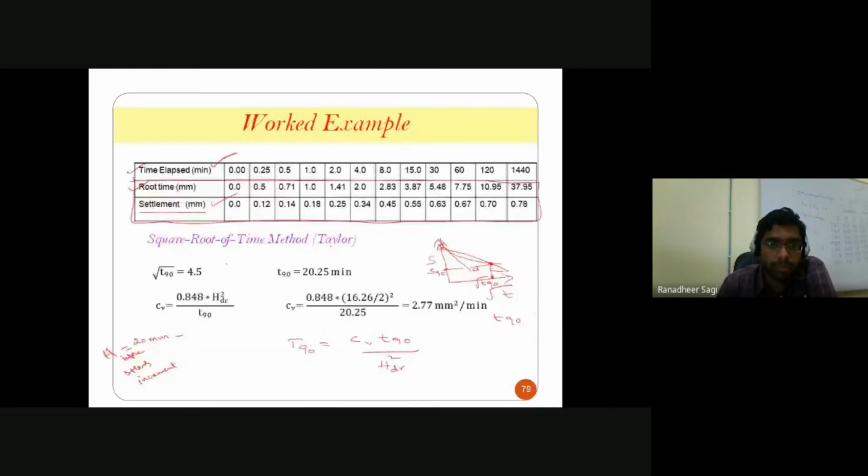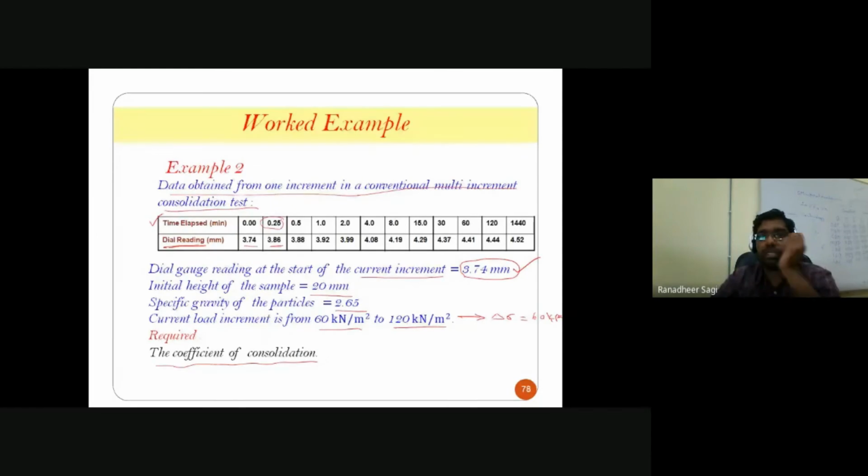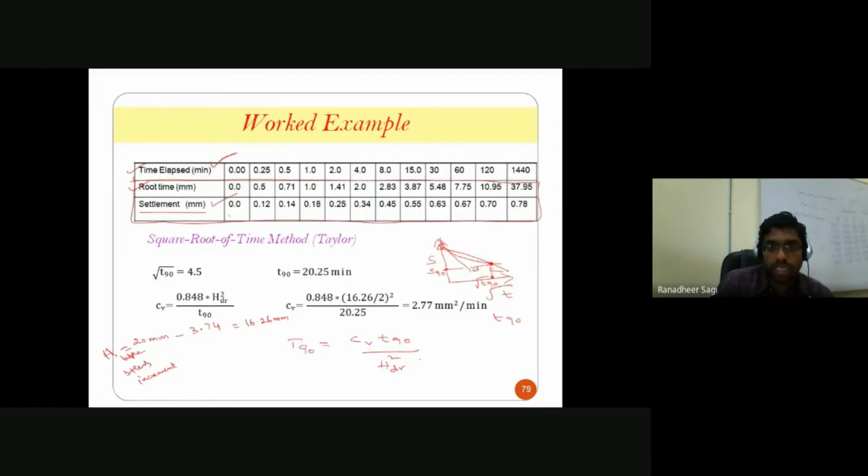So 20 minus 3.74 automatically comes out to be 16.26 mm. In the case of a conventional consolidation test, you have two-way drainage existing. Once it is two-way drainage, what is your HDR value? HDR is nothing but half of the H which you have calculated, that is, half of 16.26 is your HDR.